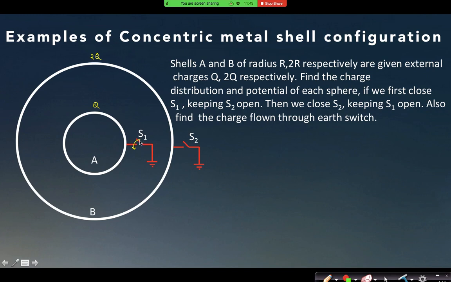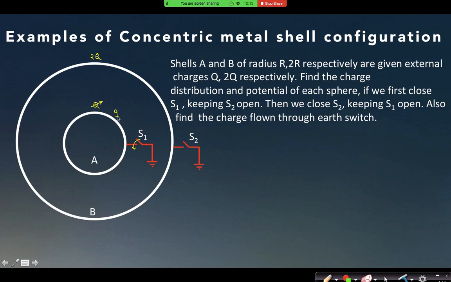So which one is earthed? Now the first shell A is earthed. As soon as I earth the shell, you have to forget about the charge that was initially present on the shell, because now the system is not isolated. Suppose a charge small q appears on the surface of shell A. This charge will appear in such a way that it makes the potential of shell A zero.